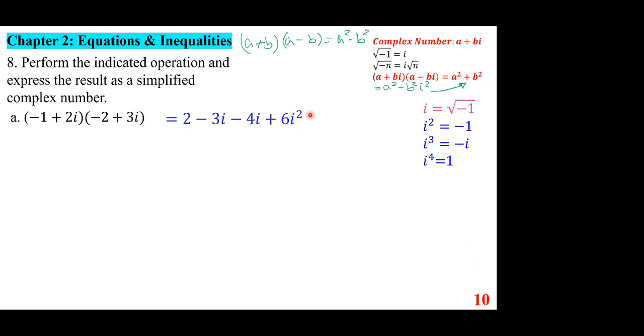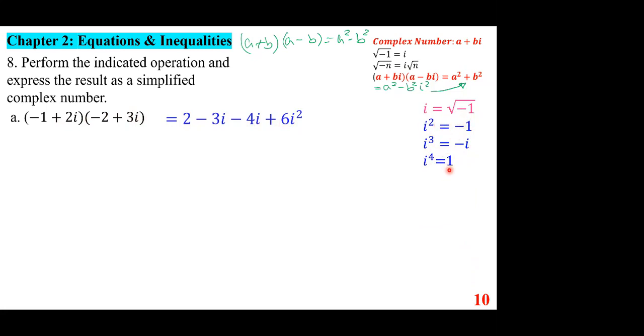So let me give you this. i is the square root of -1 by definition. If you square that, i squared is -1. If you cube that, i cubed is -i. Why is that? Because it's i squared, which is -1, times i. If you raise it to the power of 4, raise i squared to the second power, you get +1.